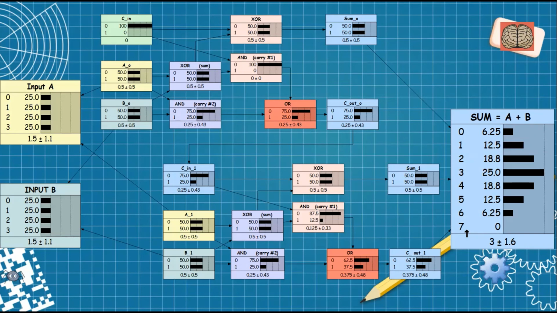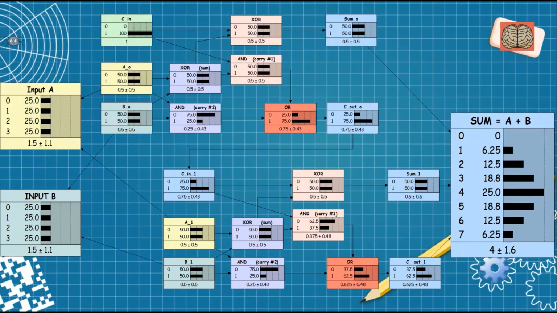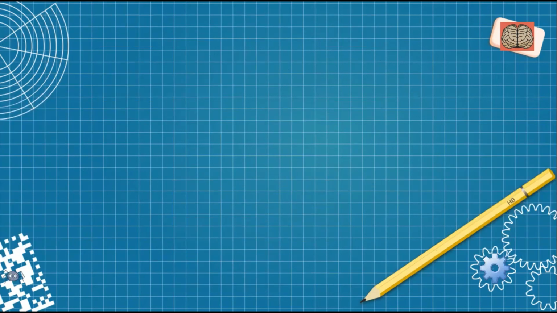Why? Because the C in is set to 0. If I were to set that to 1, as I do here, you can see that 0 can no longer be reached, but 7 can be. Everything's been displaced. So there you have it.